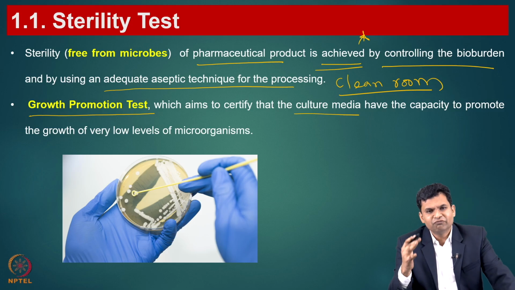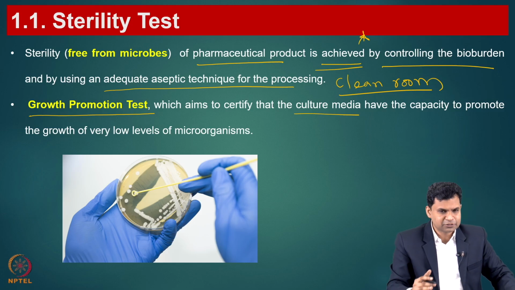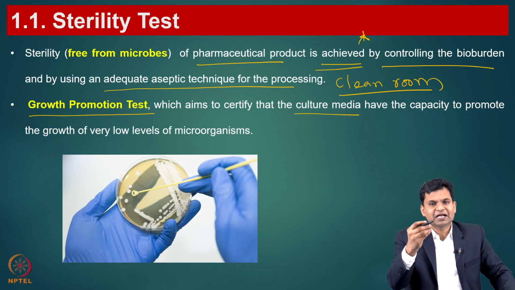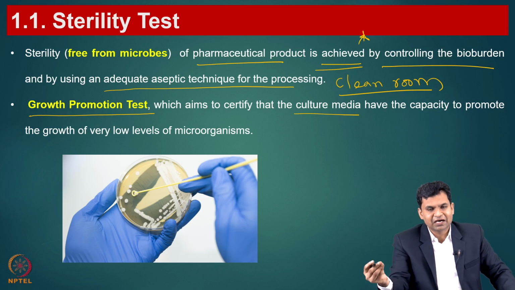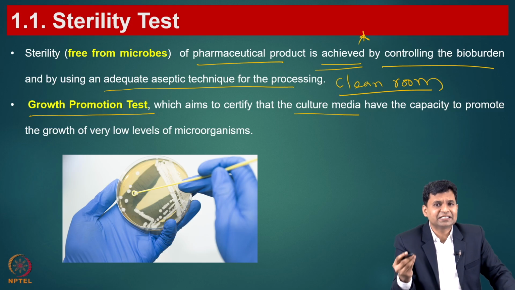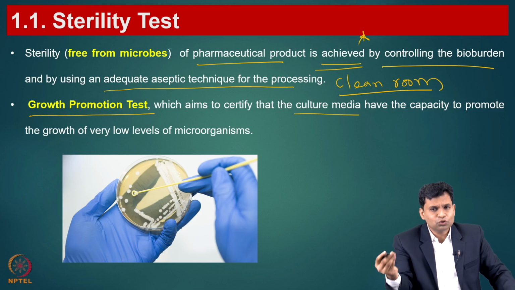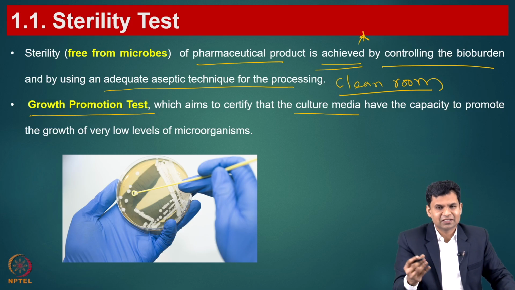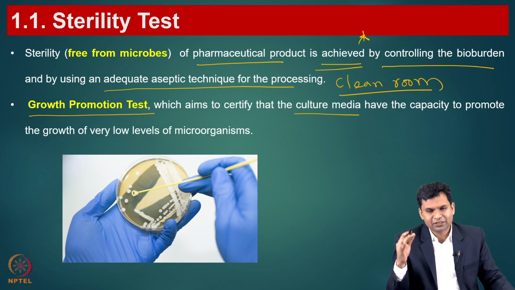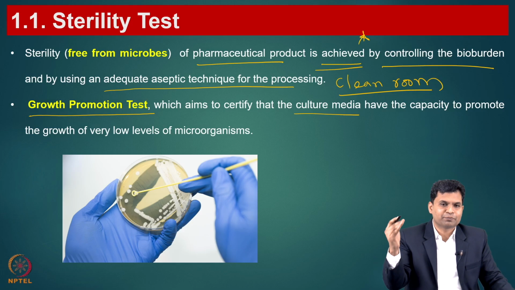We use the same principle and methodology to see the presence of microorganisms in our formulation. If it gives any positive growth of microorganisms, your product is non-sterile. If there is no evidence of microbial growth, your product is sterile.